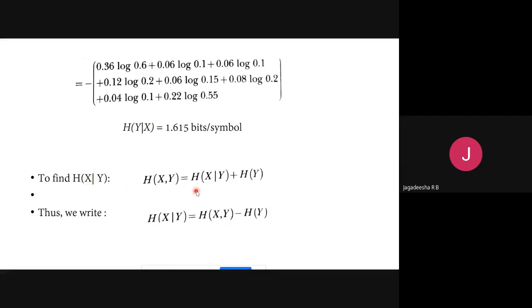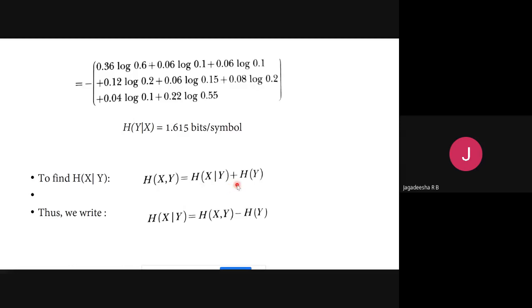This is a simple addition. When you add them all together, you should get the value something like this. Then similarly, you find the conditional entropy of the input using this equation. Some of the values are known here.